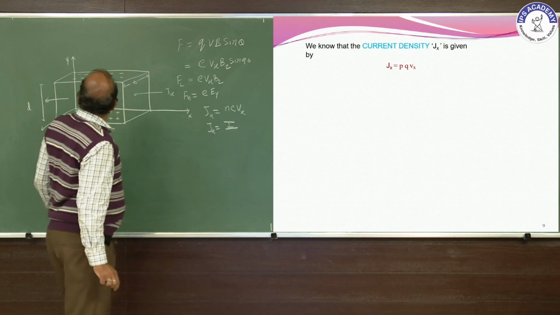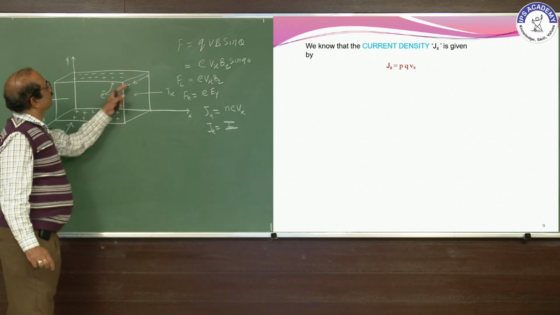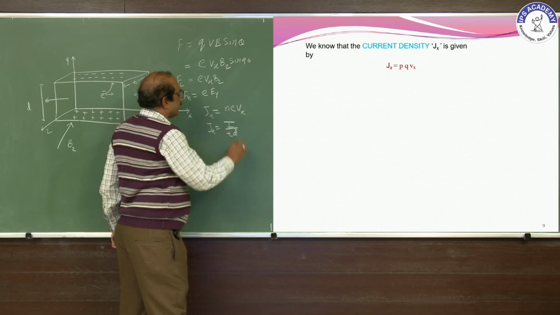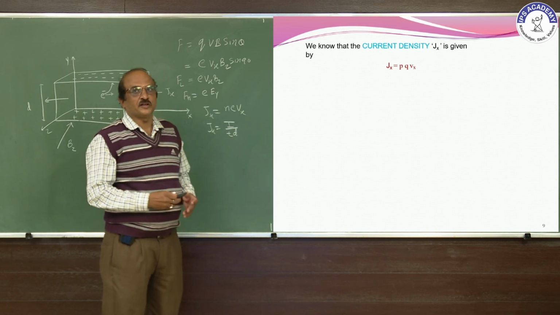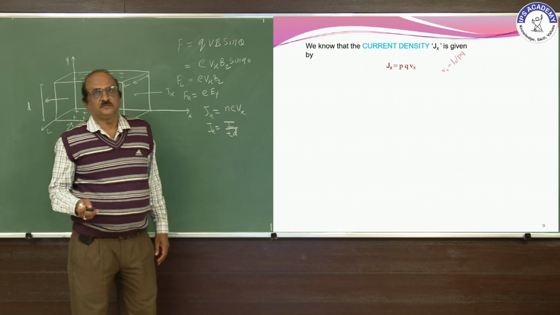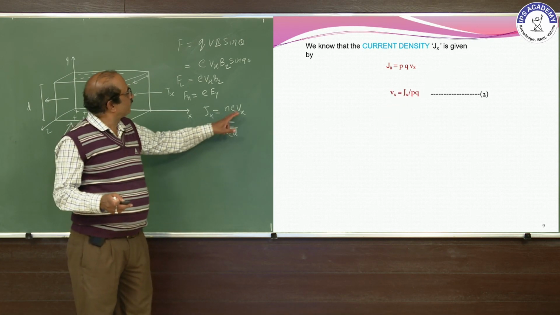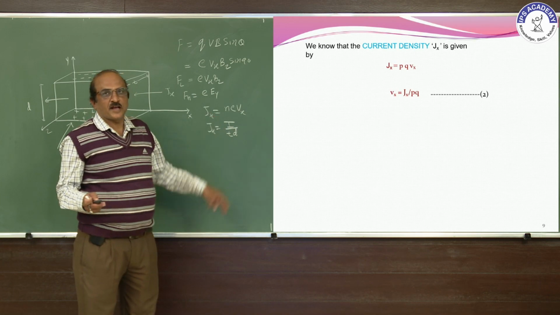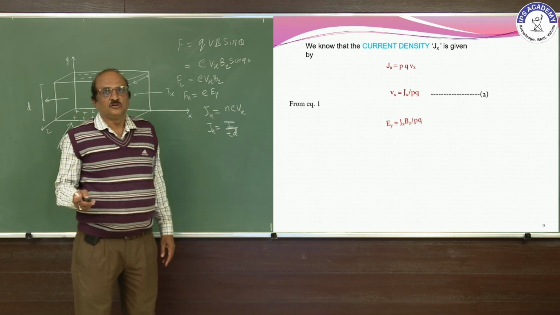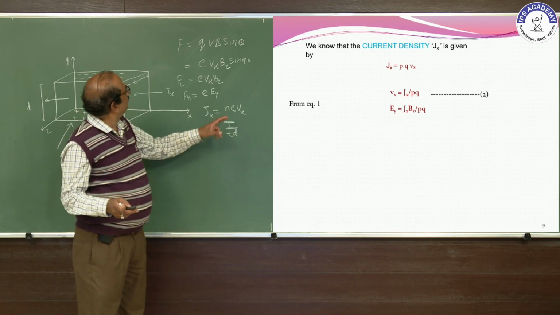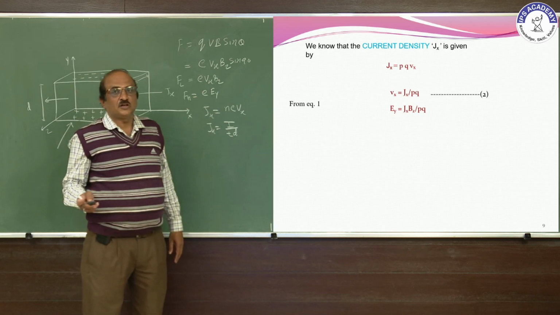Here area is D into T. We write T into D to avoid confusion. So Vx equals Jx upon ne or nq. We put this value in the above equation.